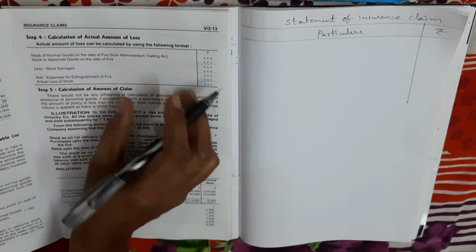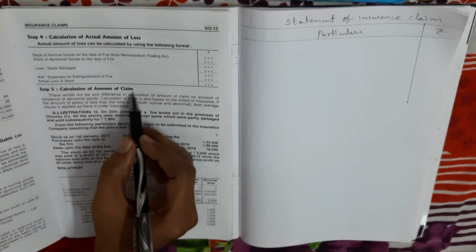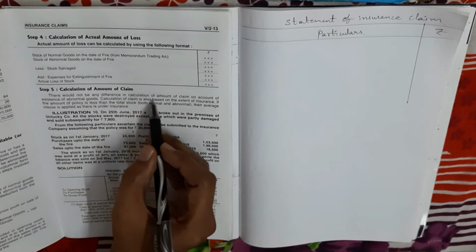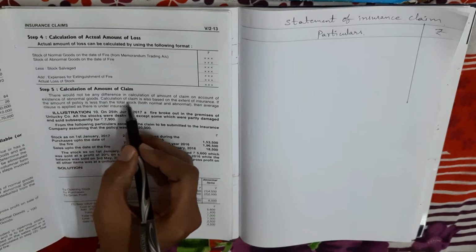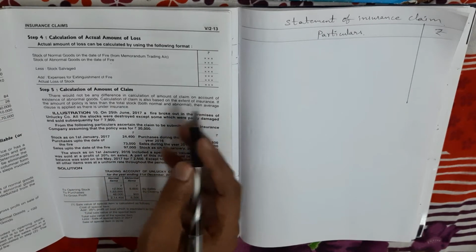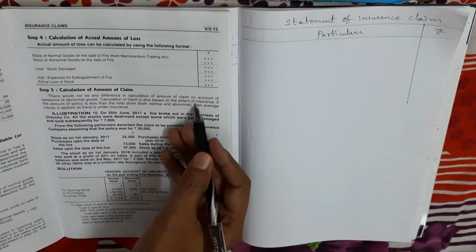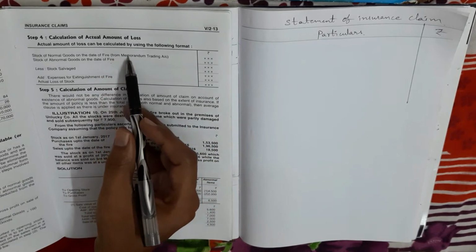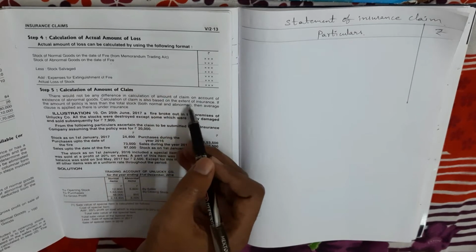Next, one more step is given: calculation of the amount of claim. There would not be any difference in the calculation of the amount of claim on account of the existence of abnormal goods. So the calculation of claim is also based on the extent of insurance. In a previous class I explained, if the insurance amount is given, we compare the estimated value of stock with the insurance policy amount.